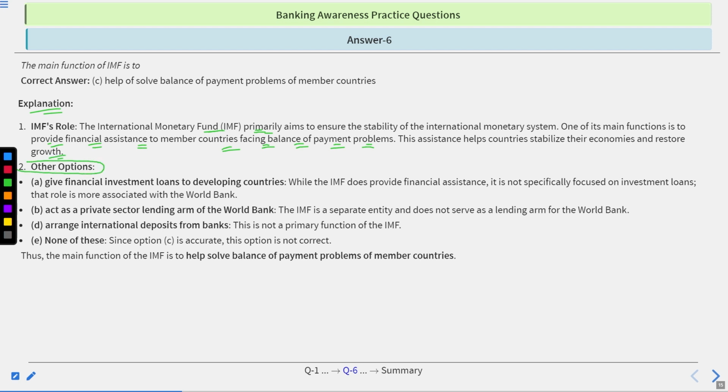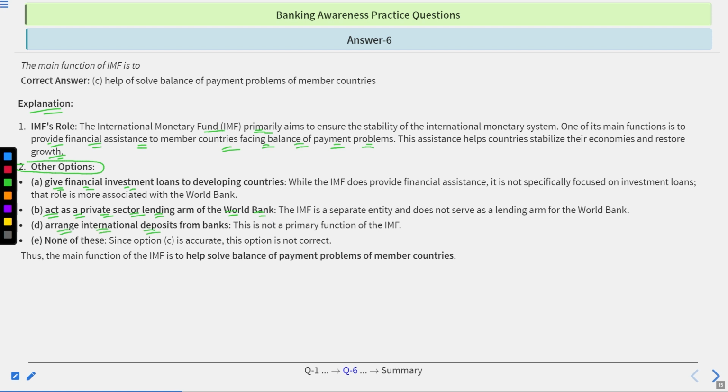Other options. Give financial investment loans to developing countries. While the IMF does provide financial assistance, it is not specifically focused on investment loans. That role is more associated with the World Bank. Then, act as a private sector lending arm of the World Bank. The IMF is a separate entity and does not serve as a lending arm for the World Bank.